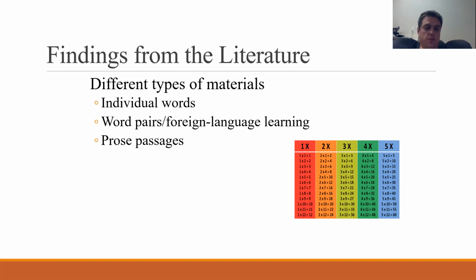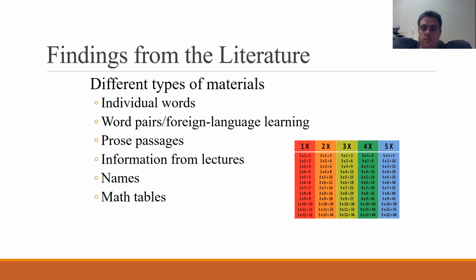Well, testing definitely works for that too. That's what we mean by prose passages. Information from lectures works too. Again, very practically useful. We want to know testing works for these other things, not just simple things like individual words. It works for learning names, math tables, you can see there, and spatial maps, which is another interesting one.